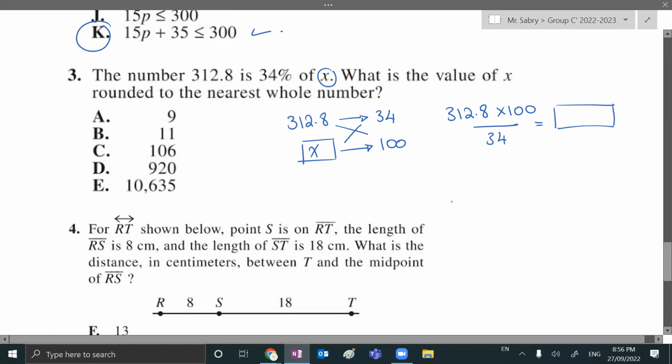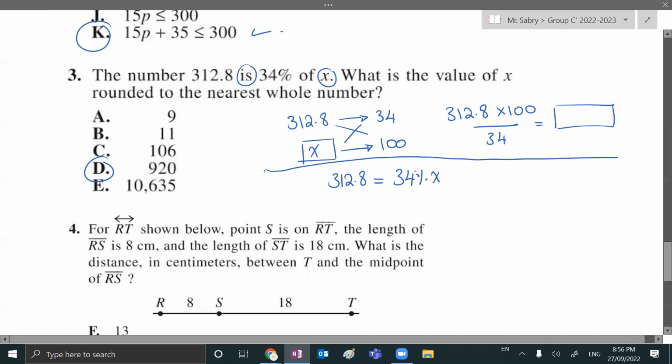I think the answer is 920. Is that right? Yes. Okay. So this is one way. What's the other way? You can write it as an equation. You can say, since 312.8 is, in math, means equal, 34% of x, which means 34% times x.